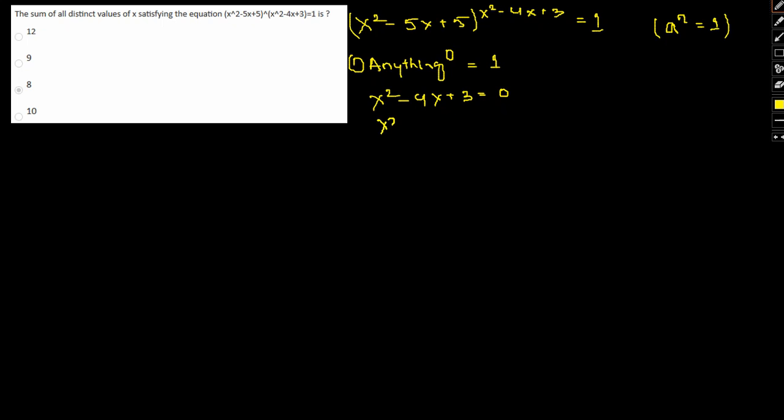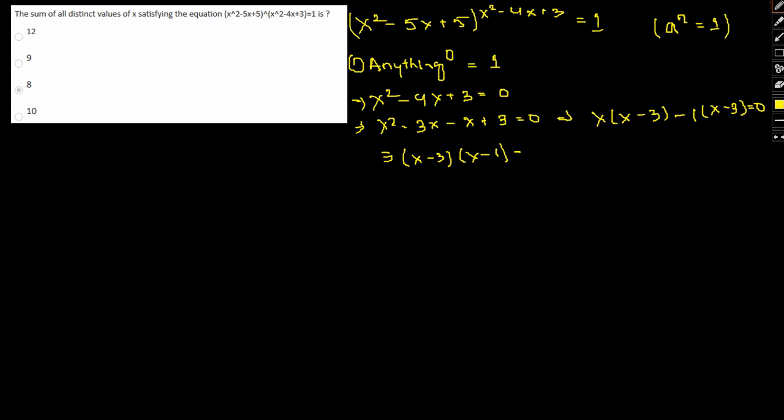So this can be written as x² − 3x − x + 3 = 0, or x(x − 3) − 1(x − 3) = 0, or (x − 3)(x − 1) = 0, or x is equal to 3, or x is equal to 1.